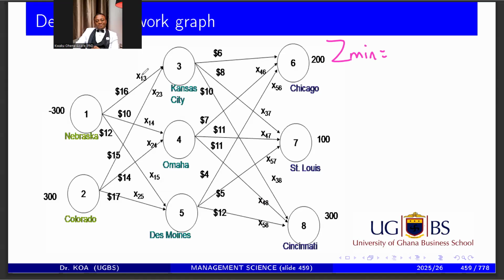And then you take the first one. The first one is what? 16 and then X13. So you write 16 X13, followed by 10 X14.